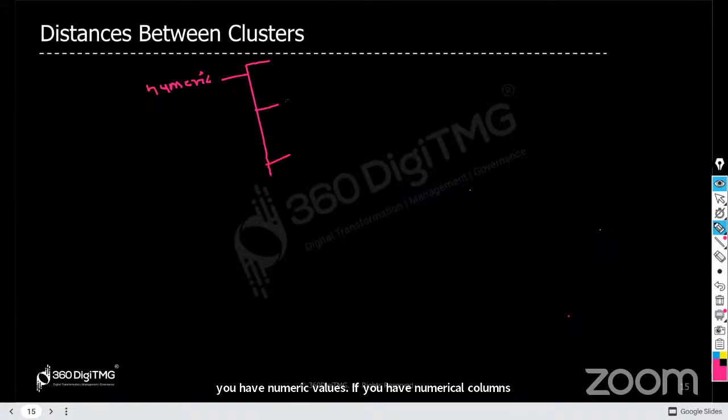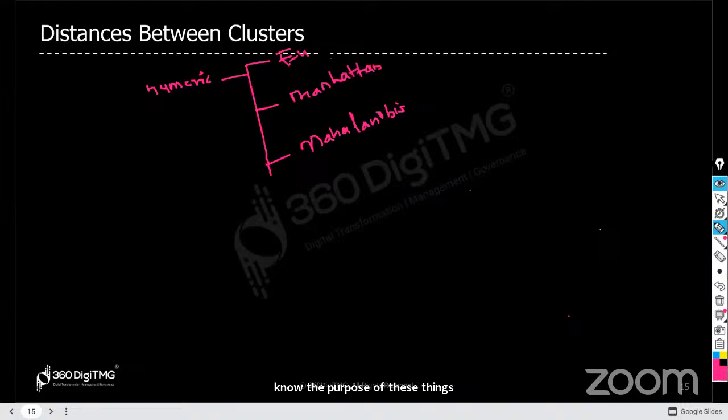What are the three types? That is Euclidean distance, Manhattan distance, and then Mahalanobis distance. You have to understand these concepts so that you won't get confused when you are working in RapidMiner Studio. Without having knowledge of this, you won't know the purpose of these things, or why you have to do it. So you have to first know the theory, and then we move on to the practical part.